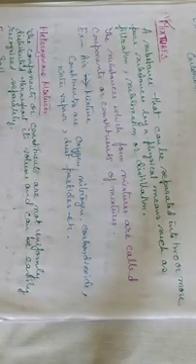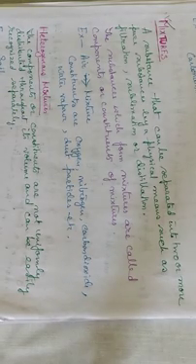Mixture. What are mixtures? It's a substance that can be separated into two or more pure substances by any physical means, like filtration, sublimation, distillation, etc. So, it can be separated into its constituent pure substances.